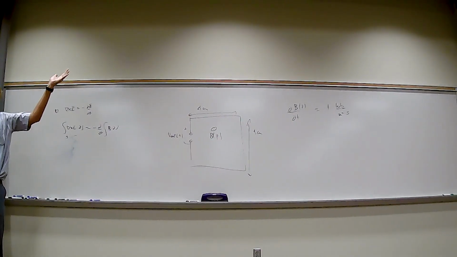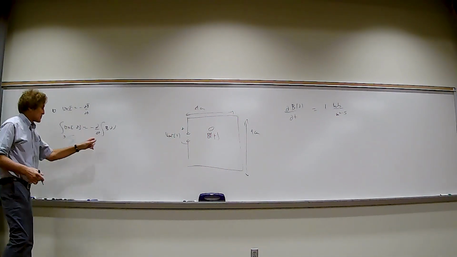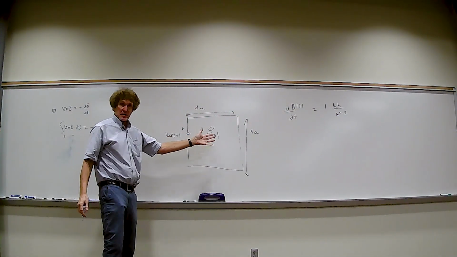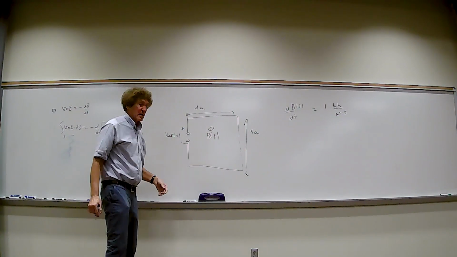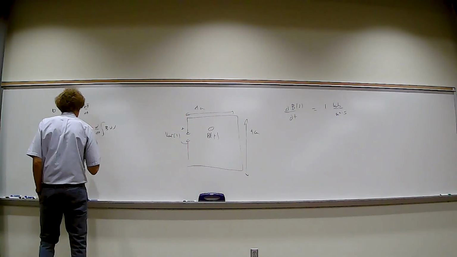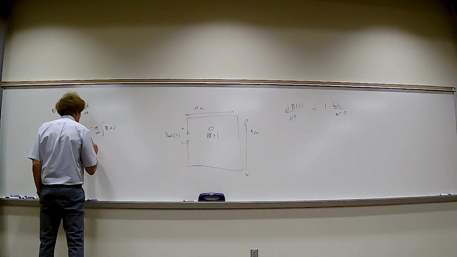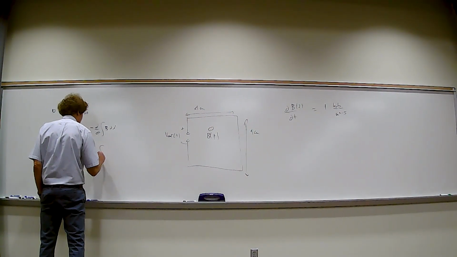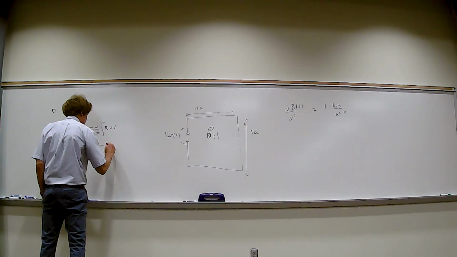How many do? Just show hands. All right. Now, this is really the flux that's flowing through here, isn't it? So I have minus d/dt of the integral of B dot dS.